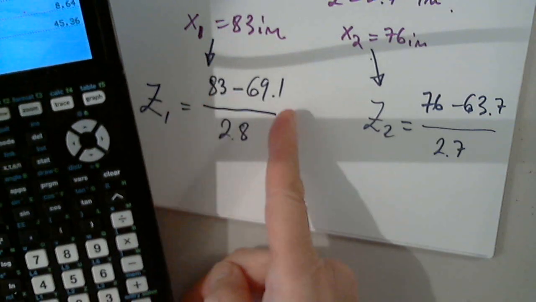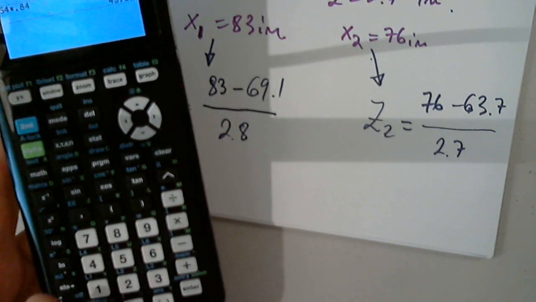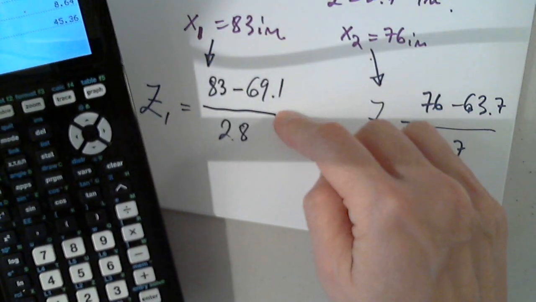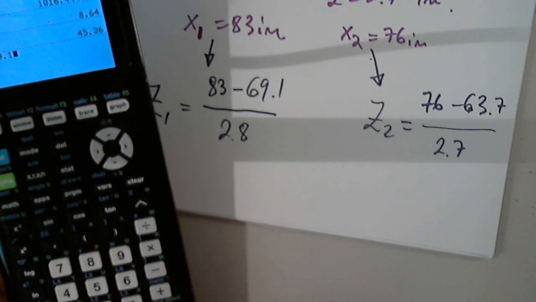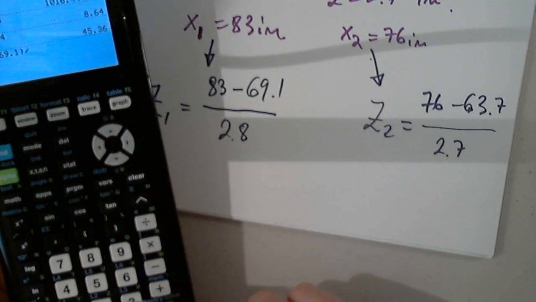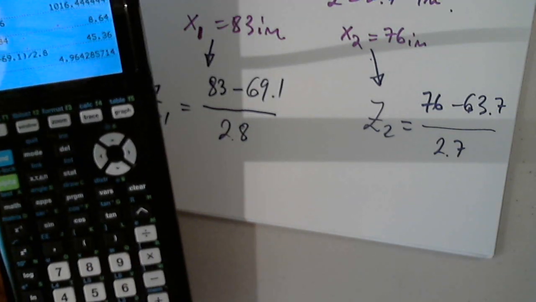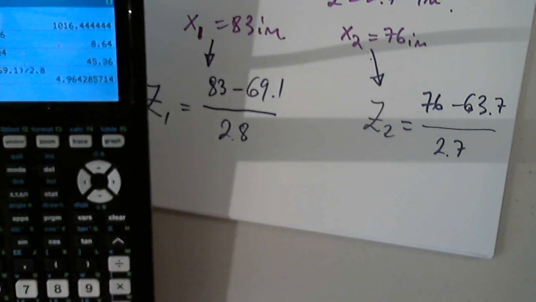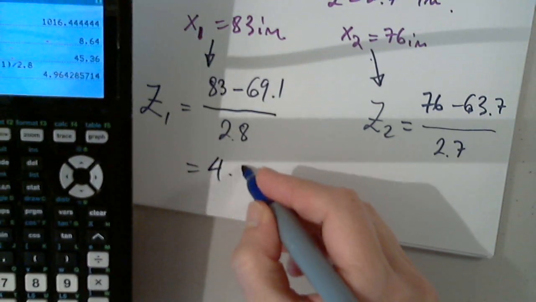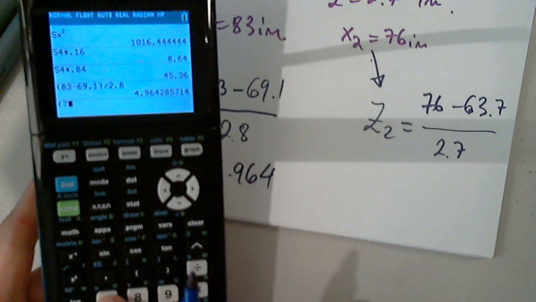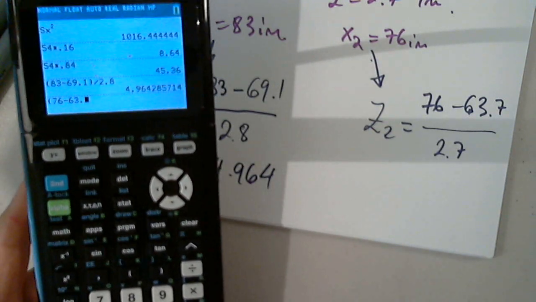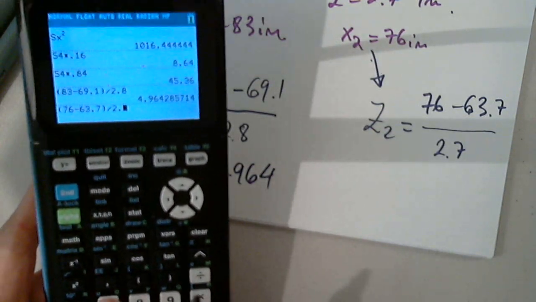Make sure that you put parentheses. If you want to do this with a graphing calculator, make sure you put parentheses around the numerator. So I have 83 minus 69.1, because I want to do it in one step, and divide by 2.8. Please do it in one step. So I see 4.964. Let's see the other one. Parentheses, don't forget, 76 minus 63.7 and divide by 2.7.